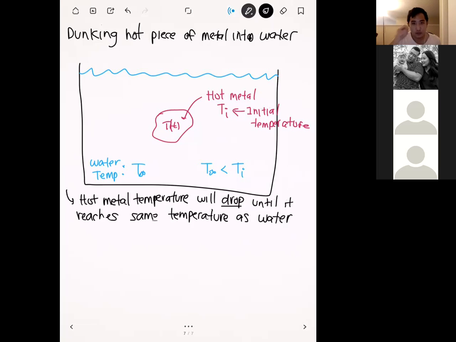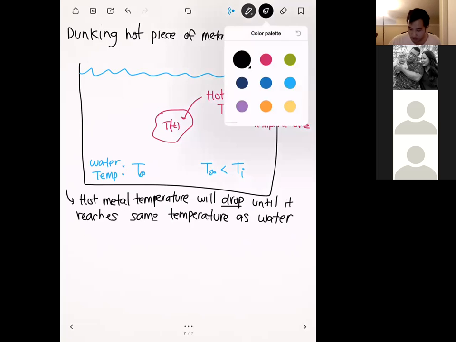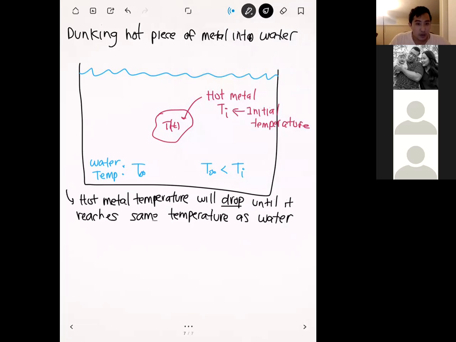All right, so let's start talking about how we actually represent this mathematically. What I'm going to do is take the piece of metal out and perform an energy balance.